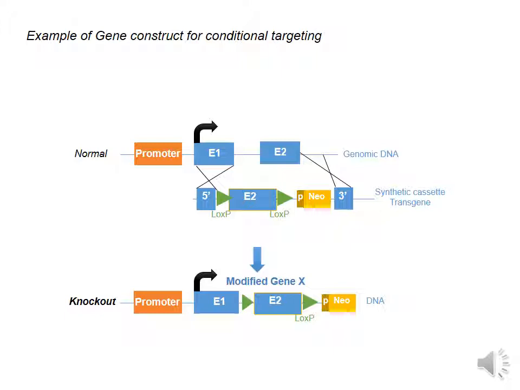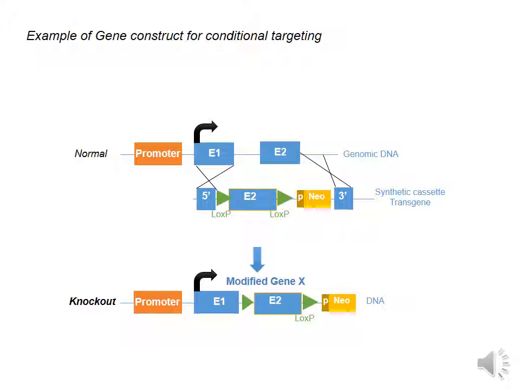This is an example of a gene construct for conditional targeting, in which we will flank a particular exon of a target gene with LoxP sites to enable conditional targeting when combined with the specific Cre system that we will see in the next slide.